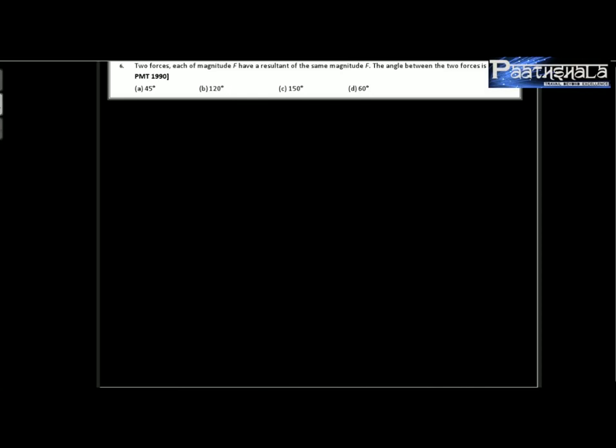For instance, here, if you can imagine how the two forces will be inclined, then you can understand that this is the only way in which the resultant can have a magnitude equal to both the forces. And these angles are 60 degree and 60 degree. So the inclination of the two forces is 120 degree. So this is called the intuition based way of solving the problem. Intuition.